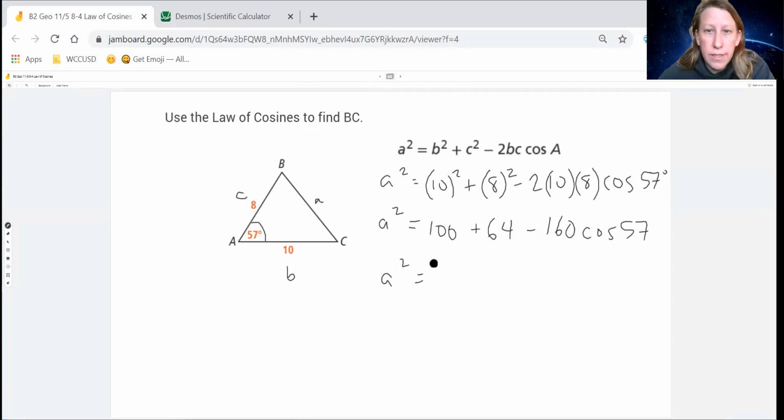Now, that's an approximate answer, right? Because I approximated the cosine of a 57-degree angle.